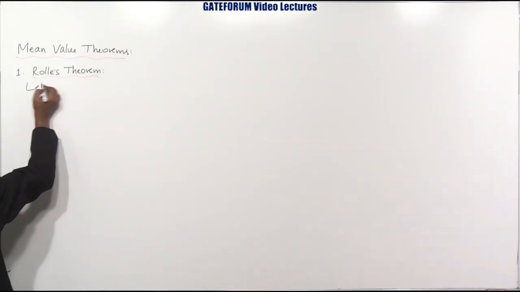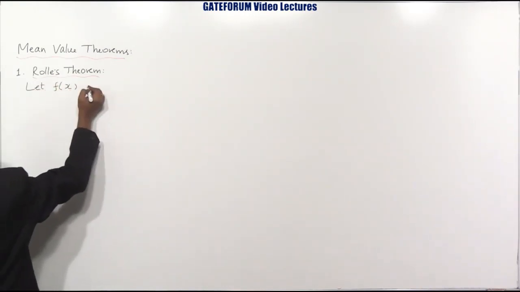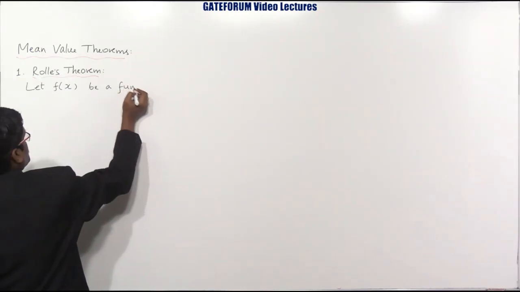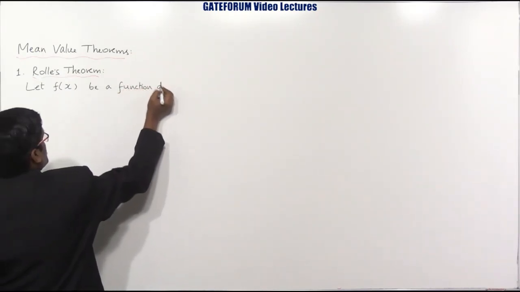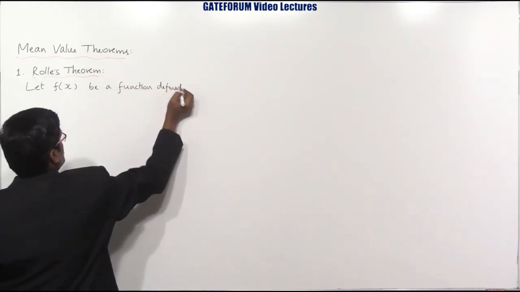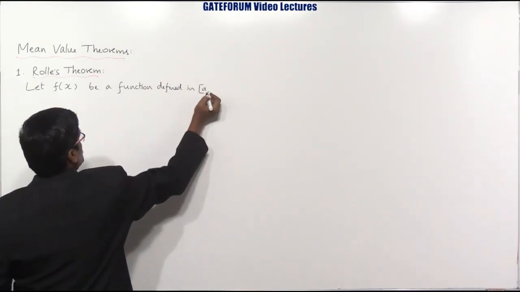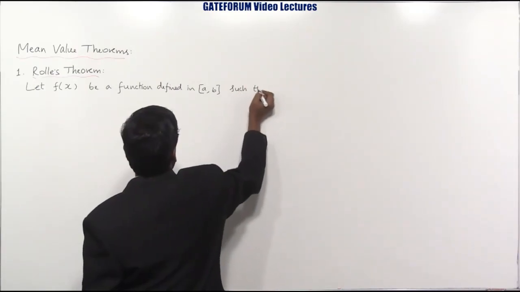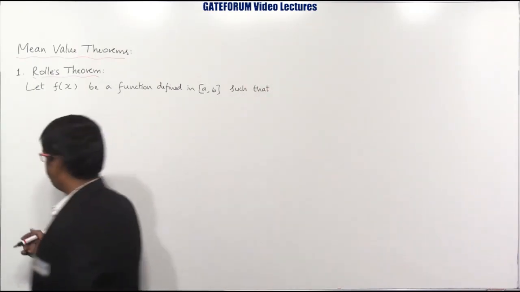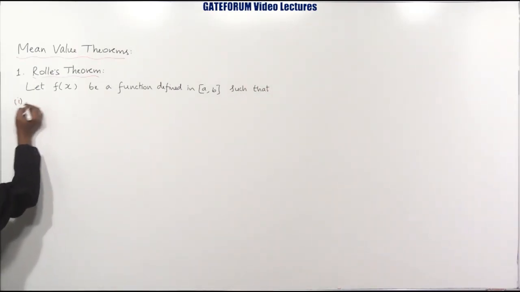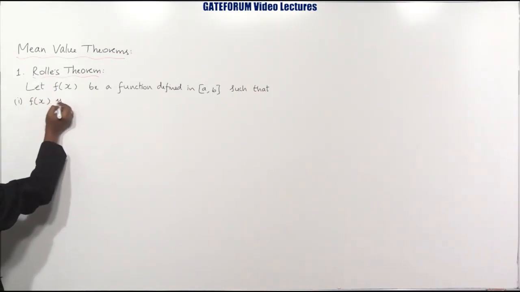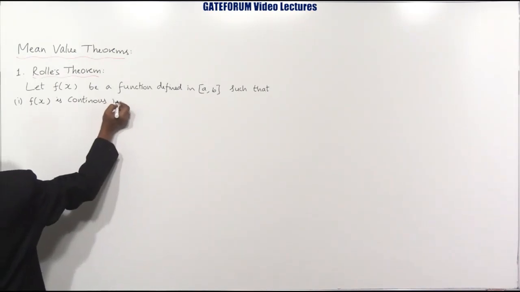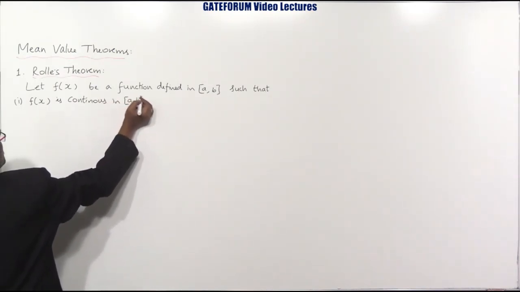Let f of x be a function defined in the closed interval a comma b such that number one, f of x is continuous in the closed interval a comma b.